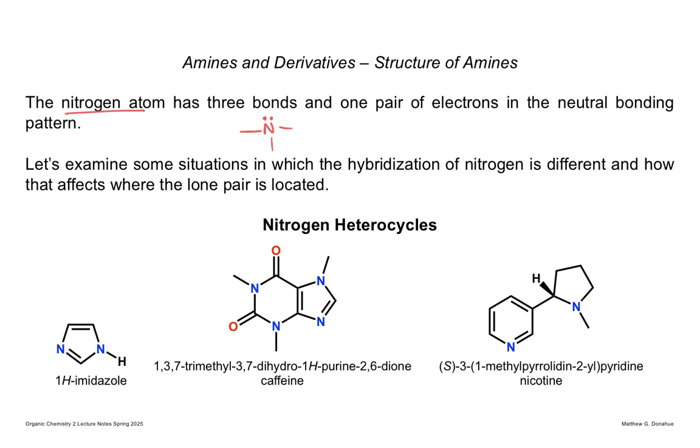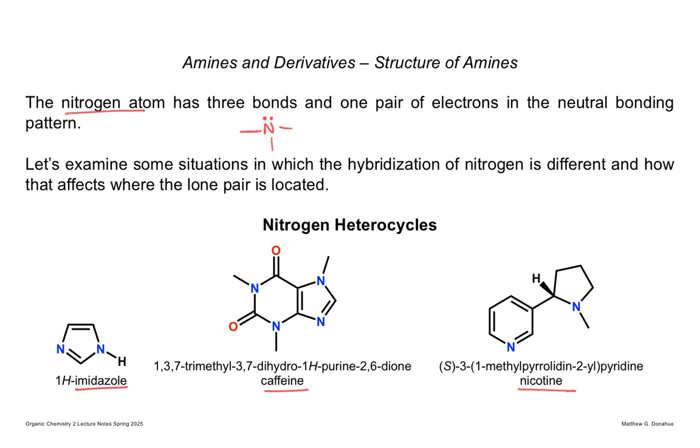But we have these other bonding patterns, as we'll see in the molecules when we talk about them, where we have to figure out what's the hybridization of the nitrogen, where does the lone pair reside. So we have a couple compounds here, imidazole, caffeine, and nicotine.